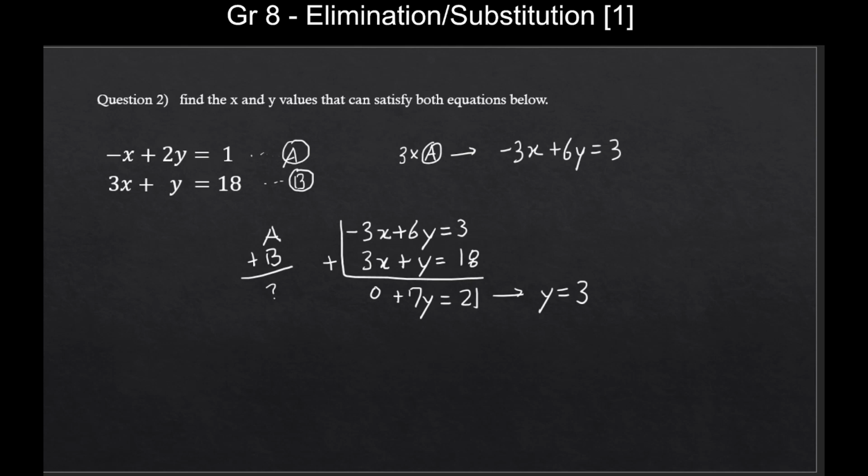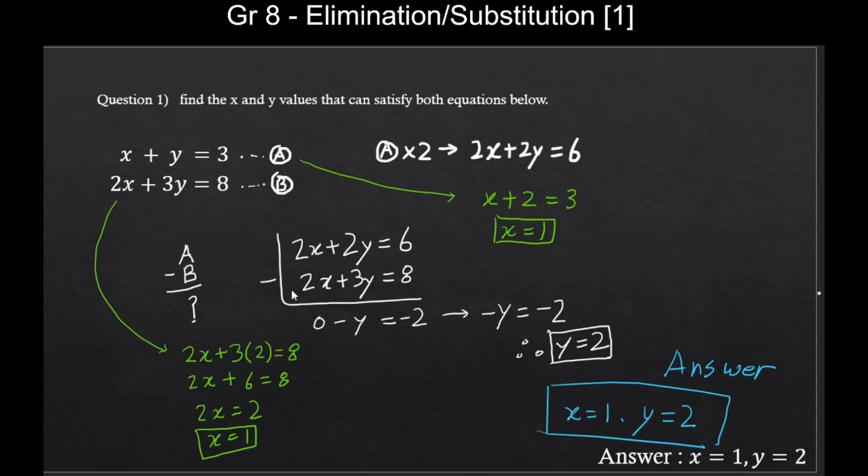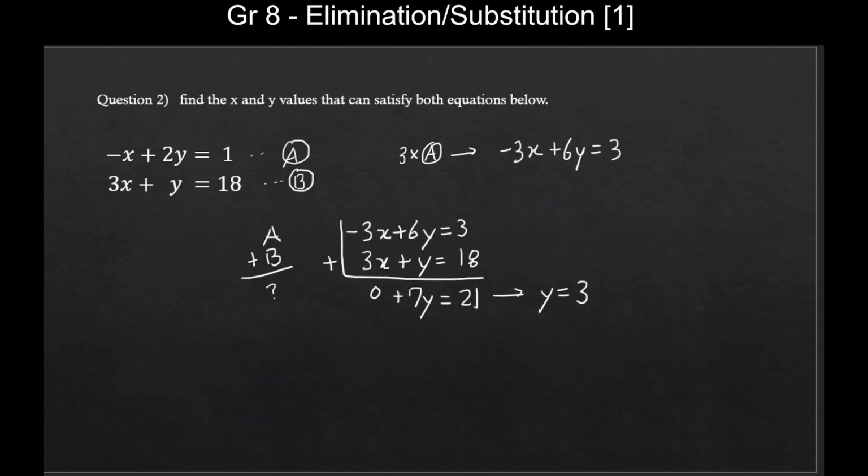So again, why did I minus it before and plus it now? Because my ultimate goal is to just eliminate x. So whether to plus it or minus it is part of your smart decision. You can have your own plan as long as you can somehow eliminate x.